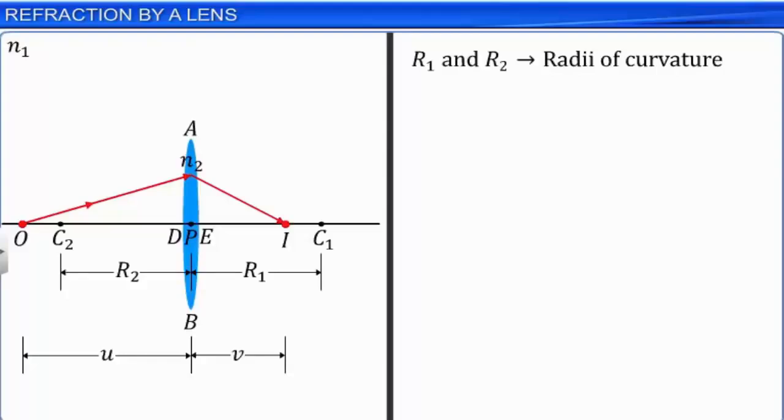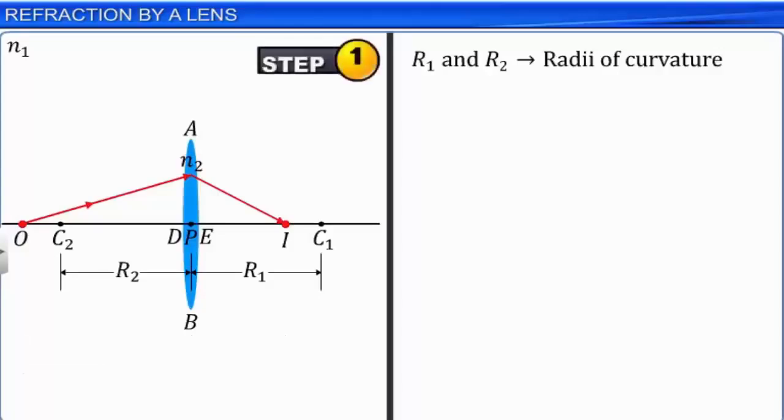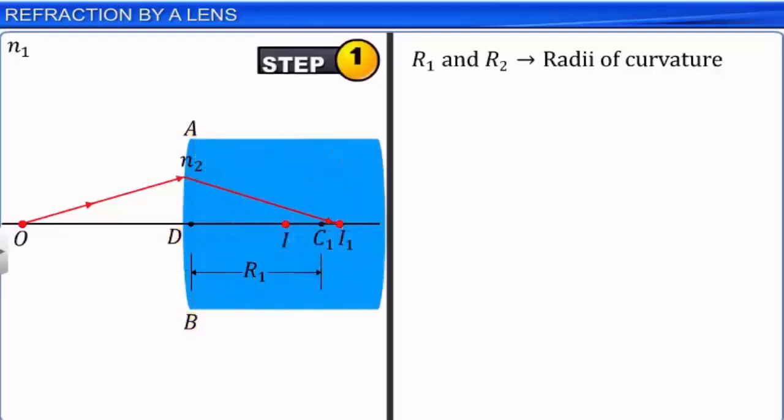According to the Cartesian sign convention applicable for refraction at spherical surfaces, measurements are taken from the intersecting point of the spherical surface and the principal axis. Let DI1 be V'. Since we consider only thin lenses, DO is equal to U.